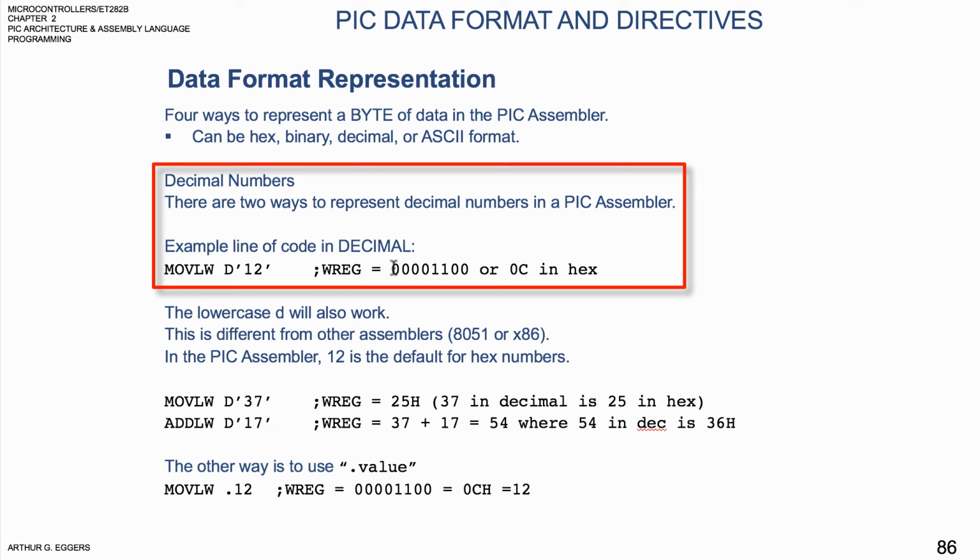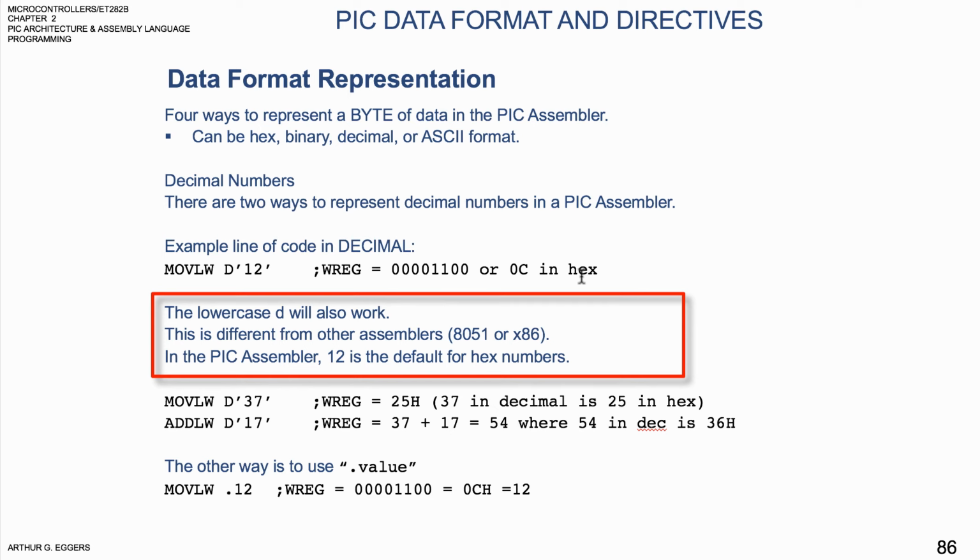The working register sees binary 0000 1100, or a 0C in hex. The lowercase d will also work. This is different from other assemblers, again the 8051 and the X86.